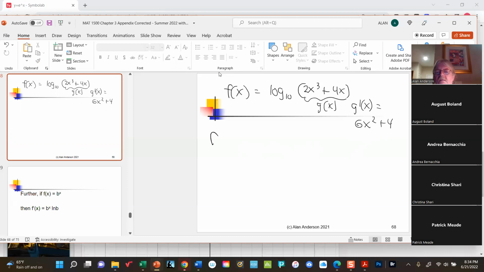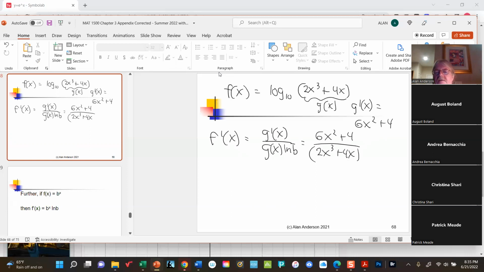So therefore, you'll have 6x squared plus 4 all divided by 2x cubed plus 4x times the natural log of 10. That's it, and you're done.